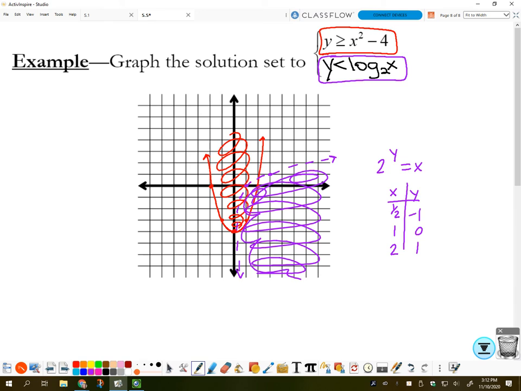Okay, so we are looking for where they overlap, which is going to be this little part right here. All right, and again, the border of this little shaded region that is our solutions, this dotted part, those are not solutions, but this one that's solid, those are solutions, as well as everything in that green area.